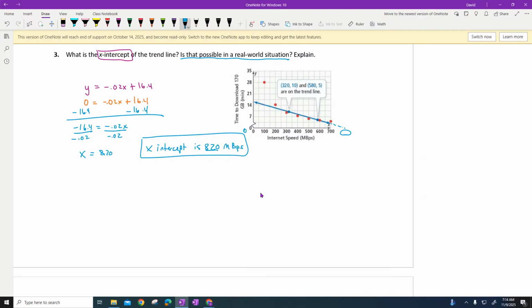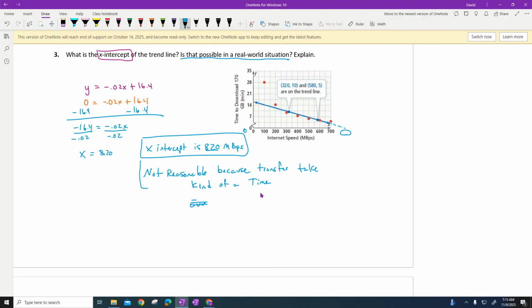So this is not reasonable, because transfers take some kind of a time. You just can't be zero time. Nothing happens in zero time.